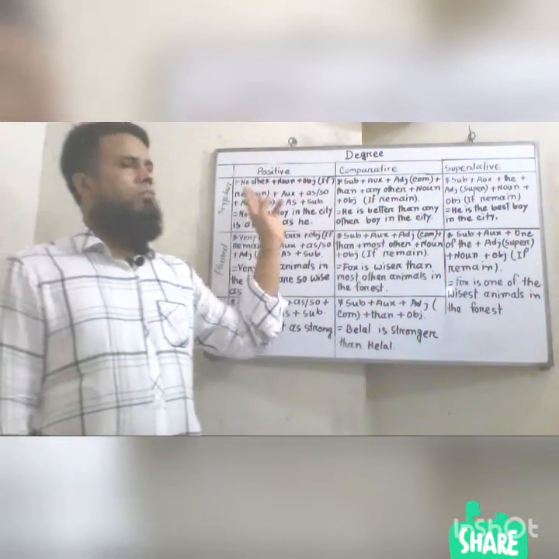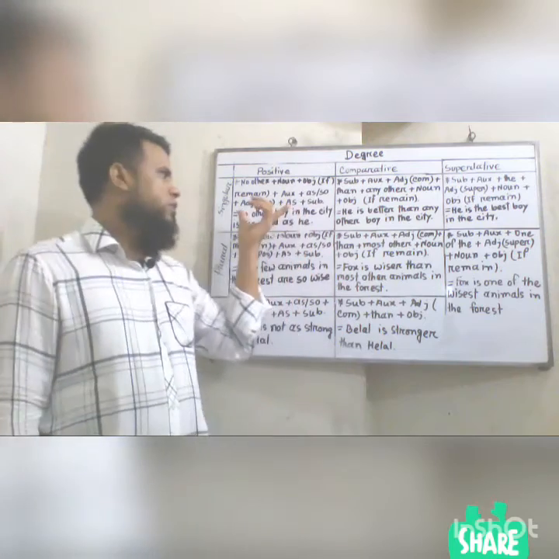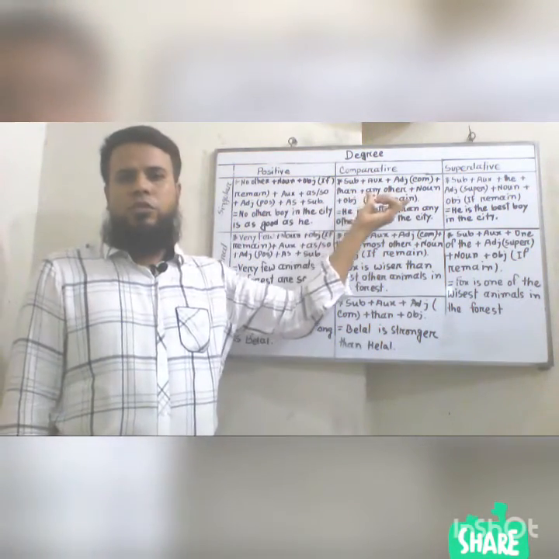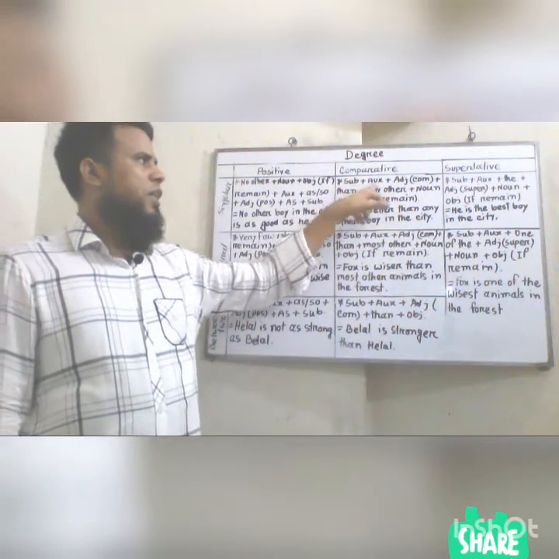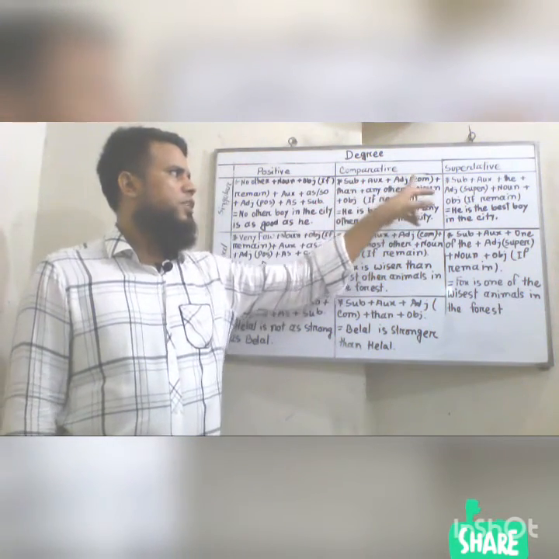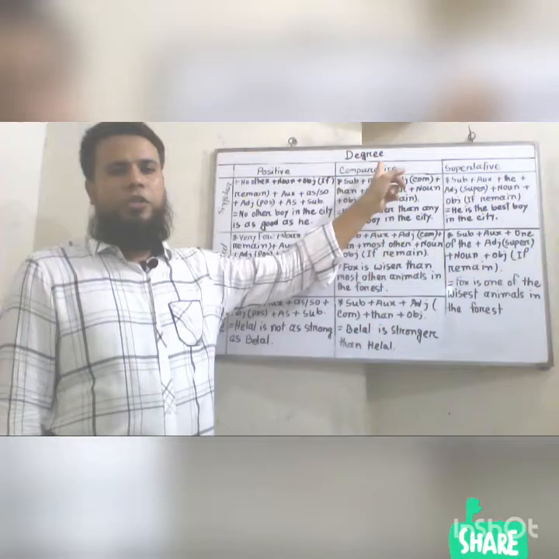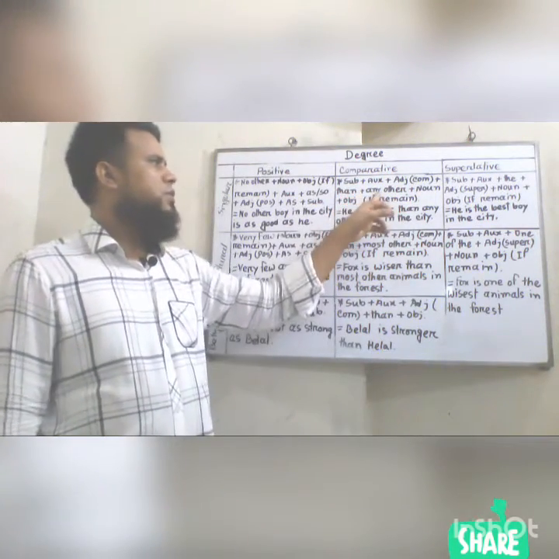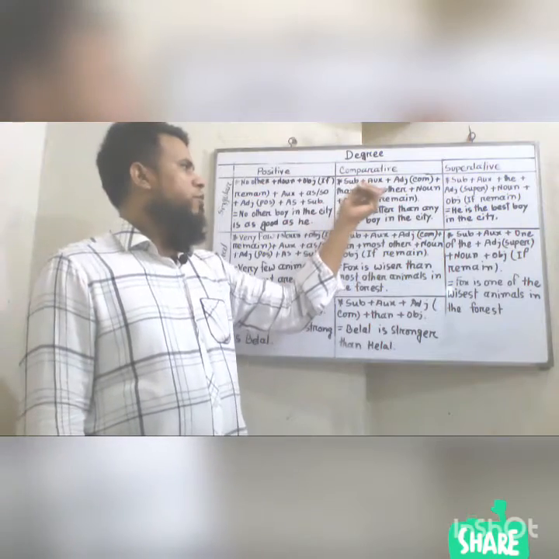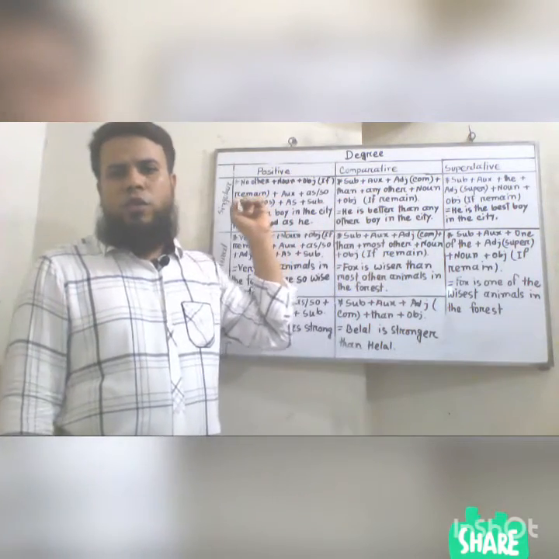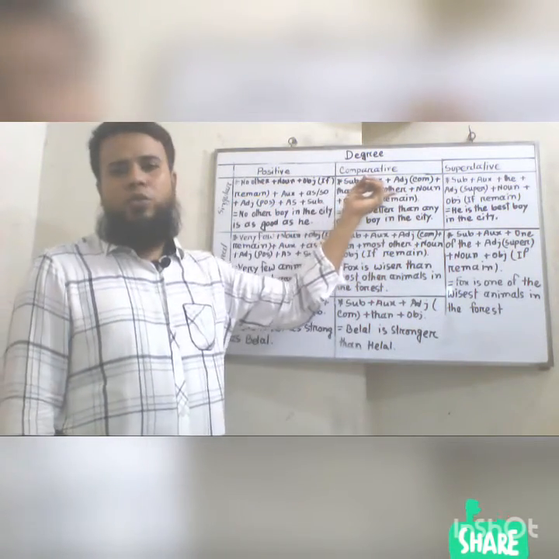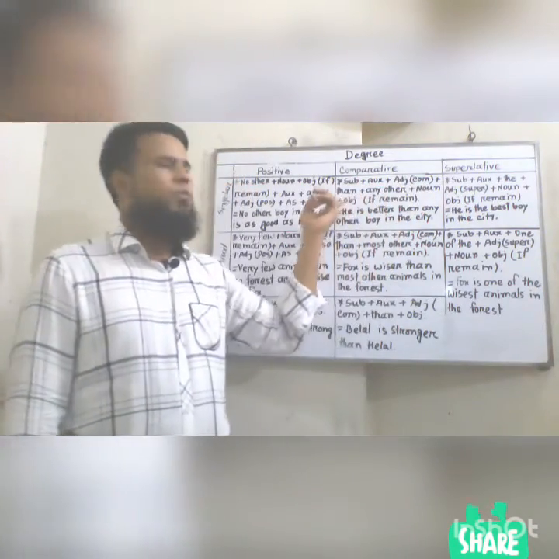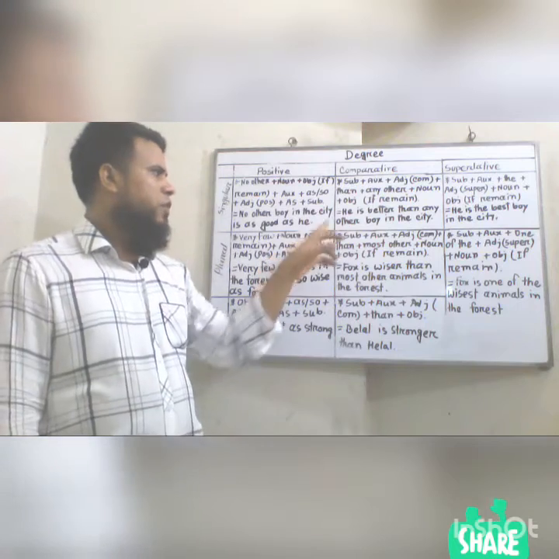If I want to make a comparative of this sentence, first of all I have to write down a rule. Subject, and then auxiliary, and then adjective comparative, Com means comparative, and then than, plus any other. For singular form, you have to use any other, and the noun and object if it remains.